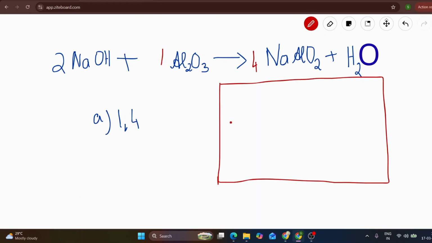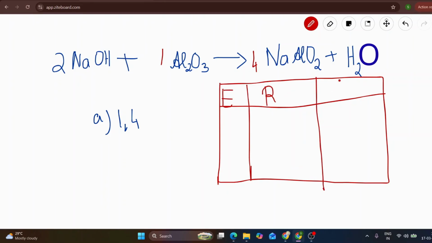In balancing an equation, the main concept is that the number of atoms of each element on the reactant side and the product side must be the same. Here we have the elements: this is your reactant side and this is your product side.